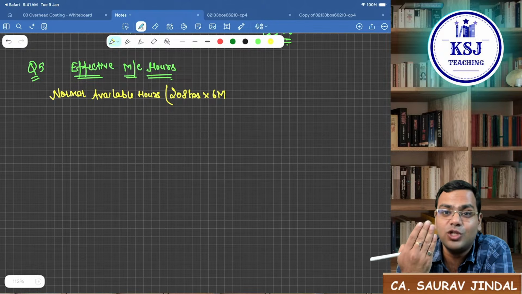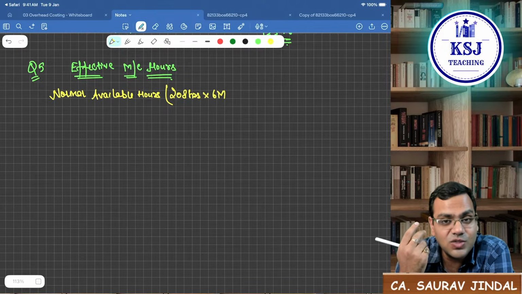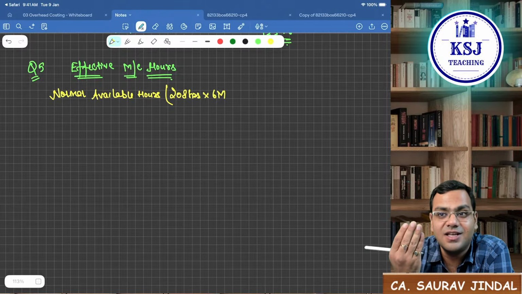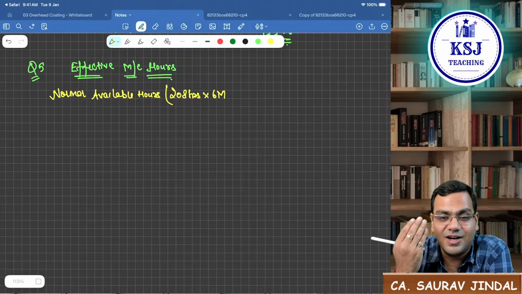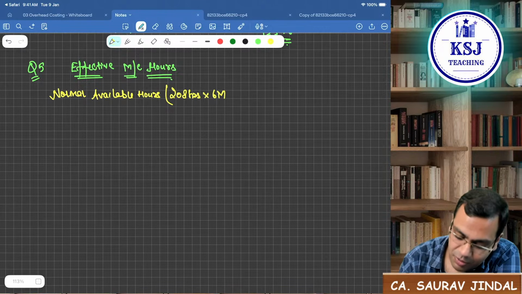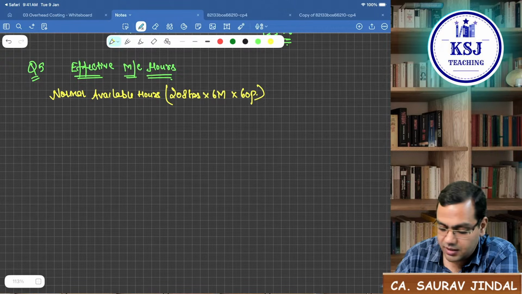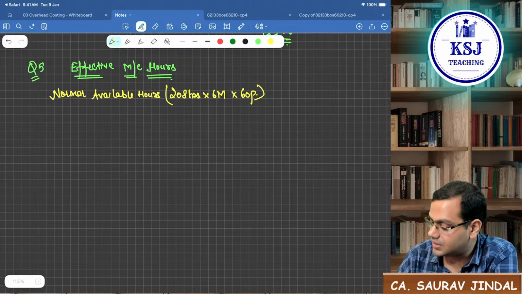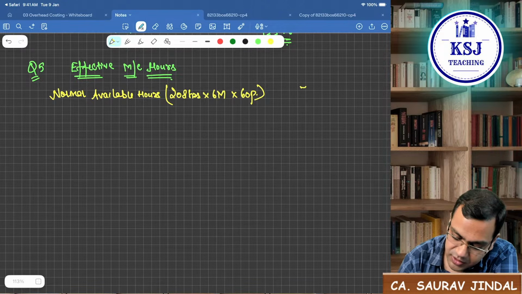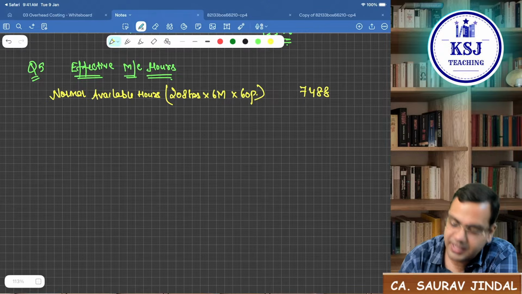Logically also, if you think 1 month, if he is working for 8 hours or 6 hours, that means around 240 hours is for one worker. So how many operators are there? I'll multiply it with 6 operators also. So it will be 208 multiplied by 6 multiplied by 6, that comes to 7,488 hours.